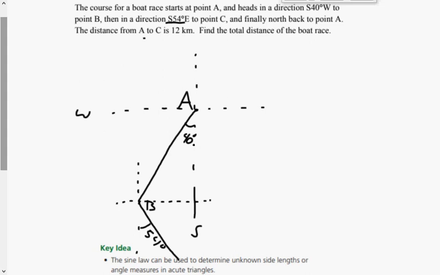So I know that this total distance here is 12 kilometers. So what I want to find now is the total distance of the boat race. All right, so I need to find this length and this length here.